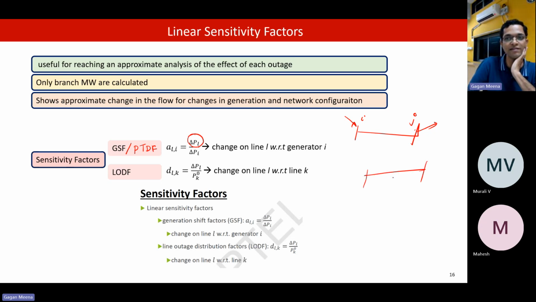How will the power flow, delta F, change on line L? So here it will be a transaction between I and J for PTDF. And for load outage, if this line goes out, then what will be the change in the power flow on that line?